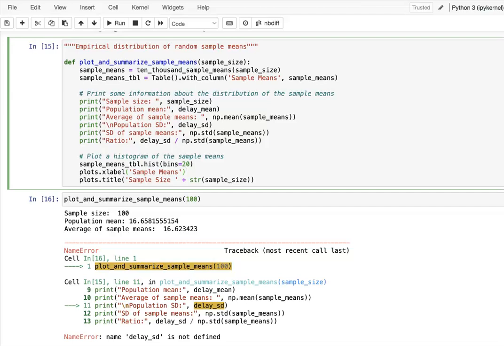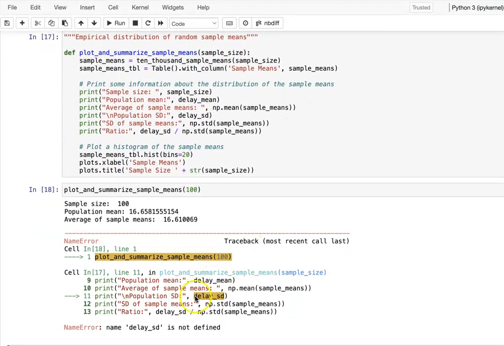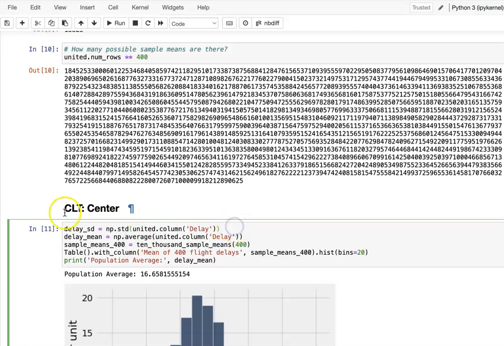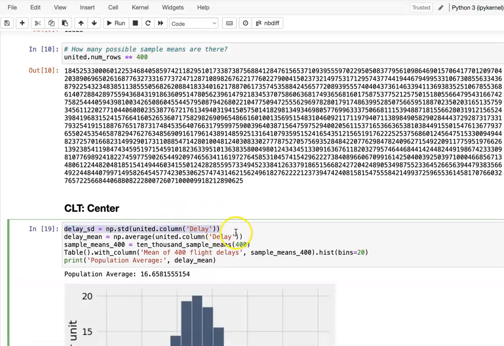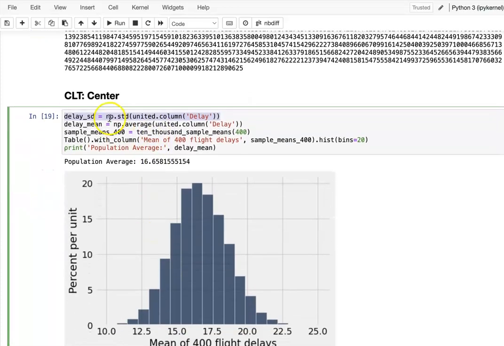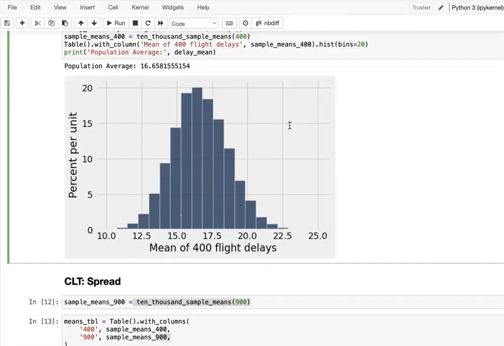Okay, let me see what the error is. Yeah, here it complains we didn't calculate the standard deviation. So let me add the standard deviation earlier. The error we saw earlier is that we didn't have delay STD defined, so I added delay STD earlier in this center. If the same error happens to you, make sure you add delay STD somewhere; you can add it just by using np.std.